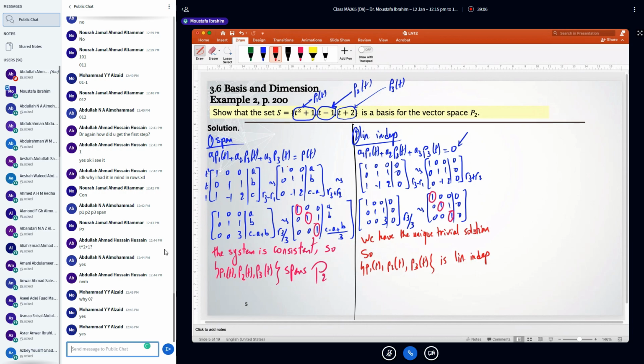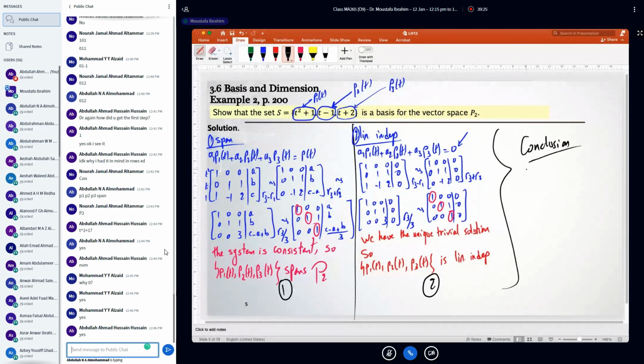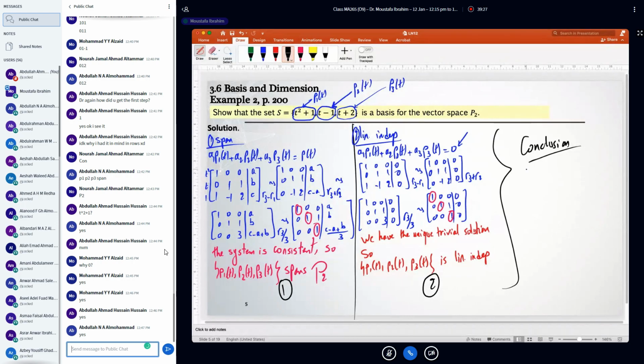So we have span, and linearly independent. So conclusion, is it the basis? Very good. It's a basis.